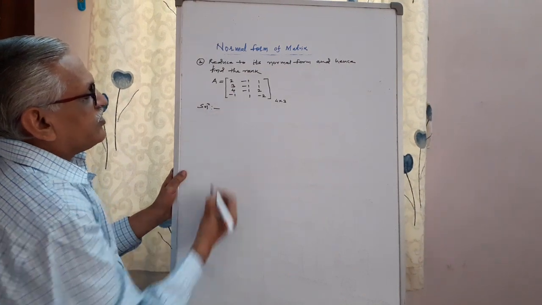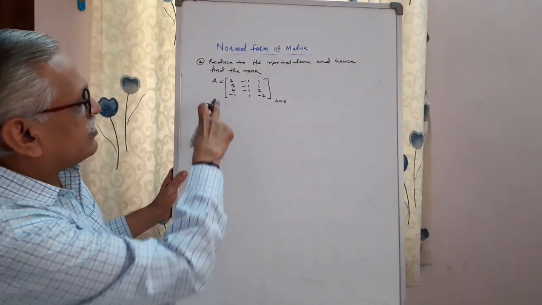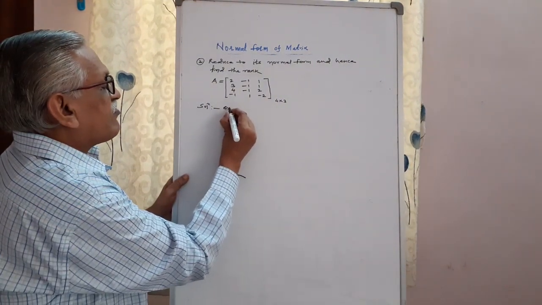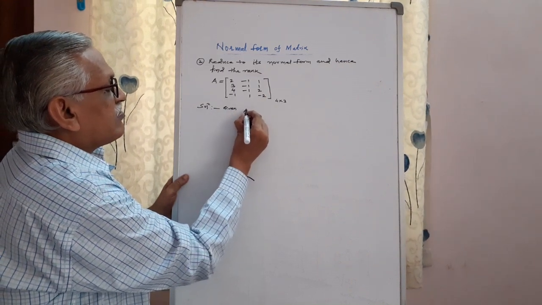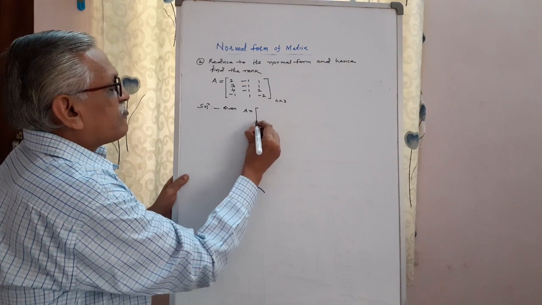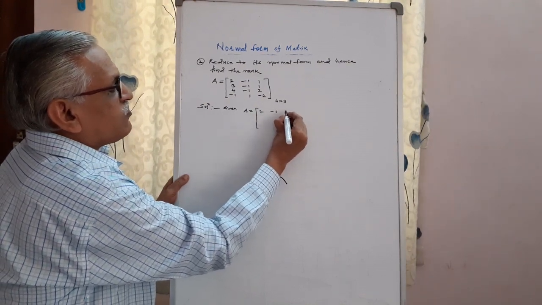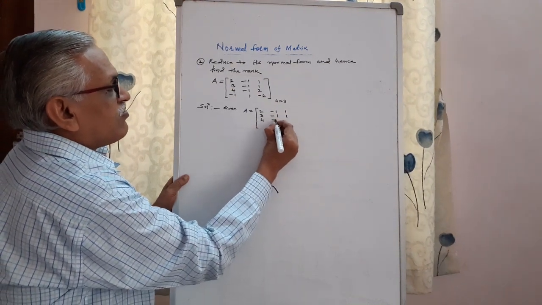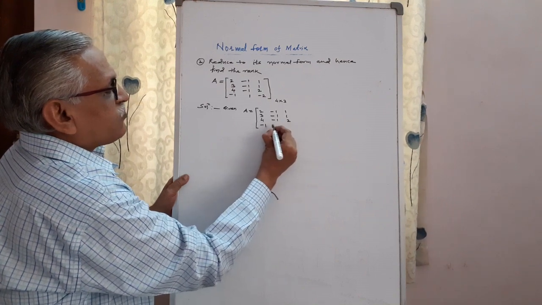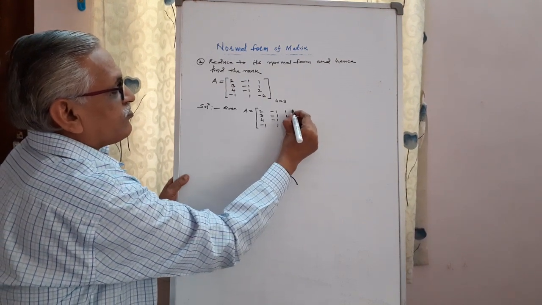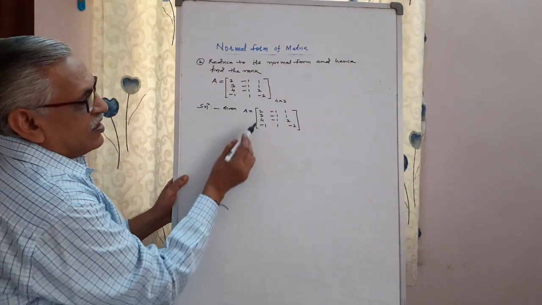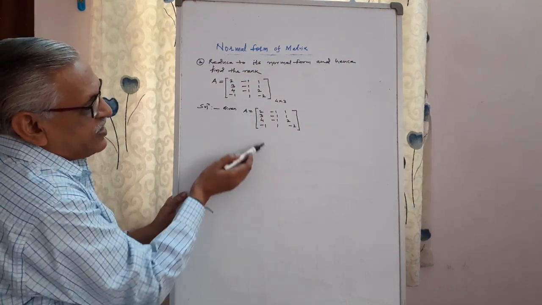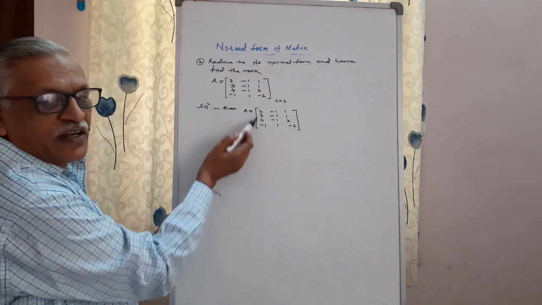Therefore, to reduce it to its normal form, we try to convert this to its canonical form. Therefore, the given matrix A is 2 -1 1, 3 -1 1, 4 -1 2, -1 1 -2. The leftmost element is 2, which we want as 1, so we check whether there is any 1 available in that column.